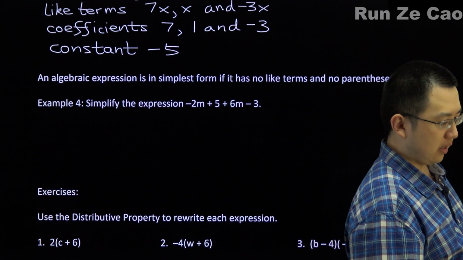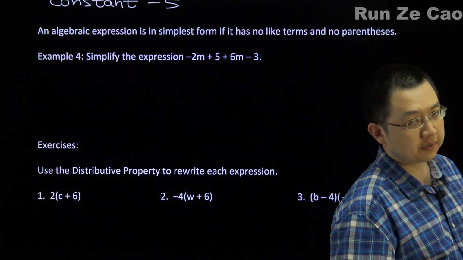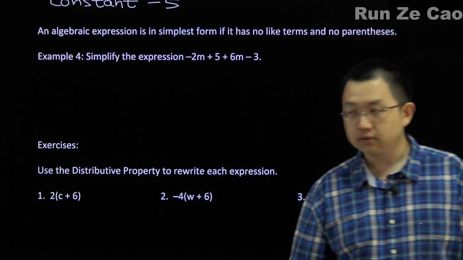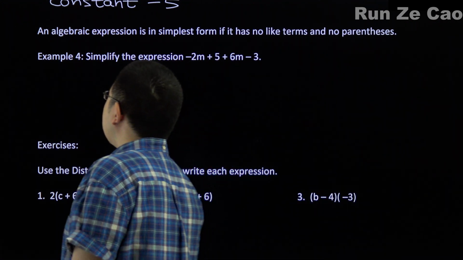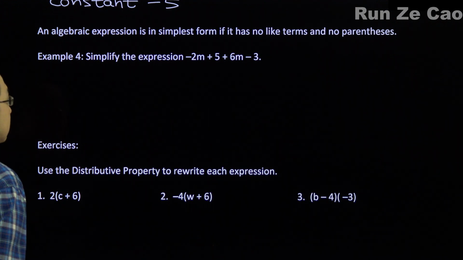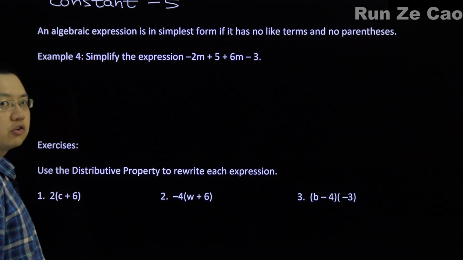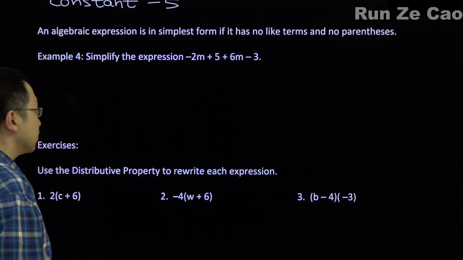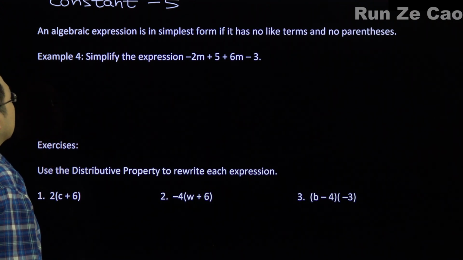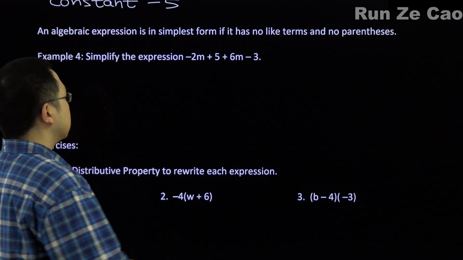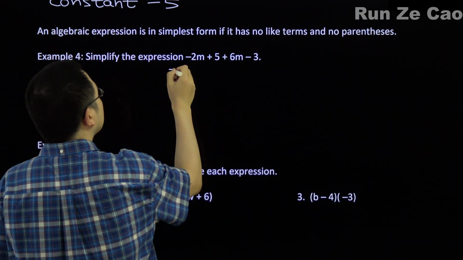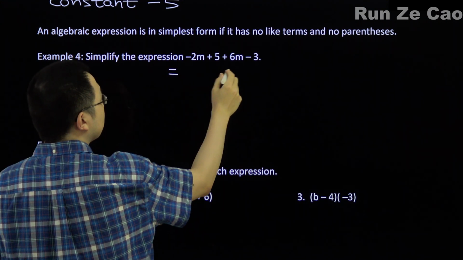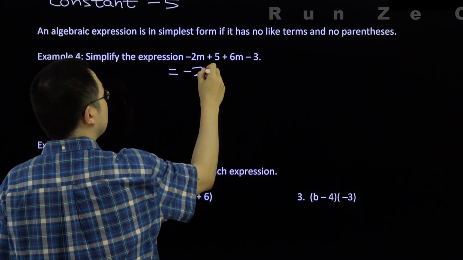Okay, if it has no like terms and no brackets or parentheses, then an algebraic expression is in simplest form. So in other words, you've multiplied everything out as much as you could, you've added the things together as much as you could. Now let's say we need to simplify this expression. Well, what's the first thing we do? The first thing we do is we group like terms.